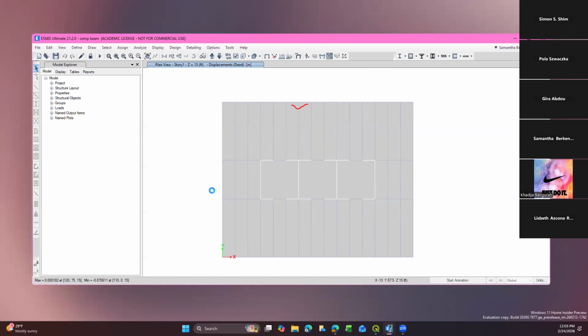This is output mode displacements. Then load this. Can you hit the escape? Otherwise, maybe you need to close the tabs and reopen the tabs. Okay, hold on.